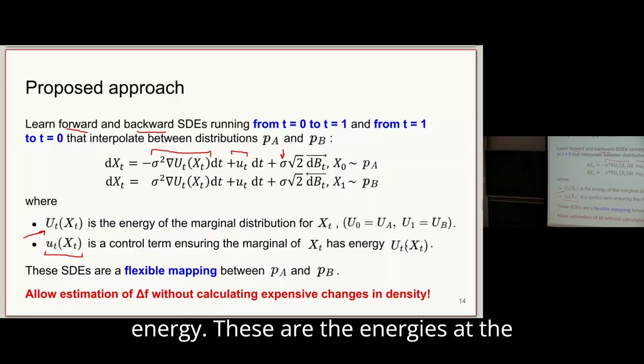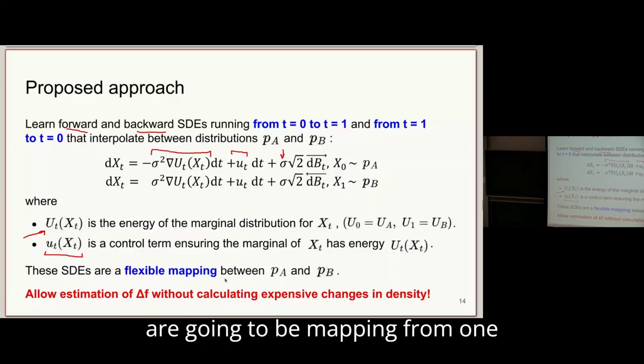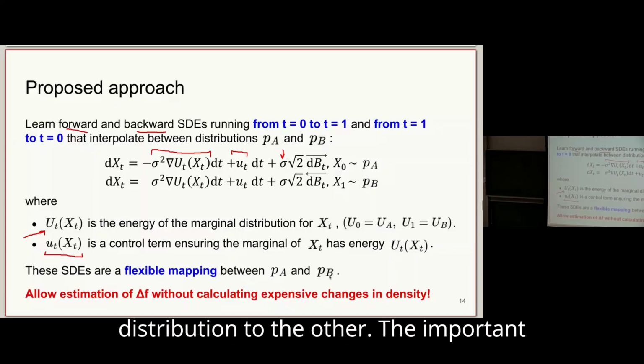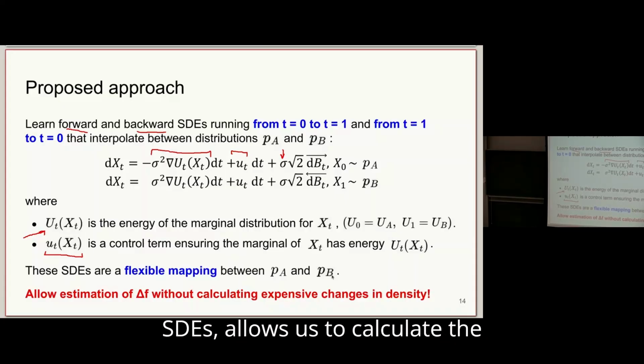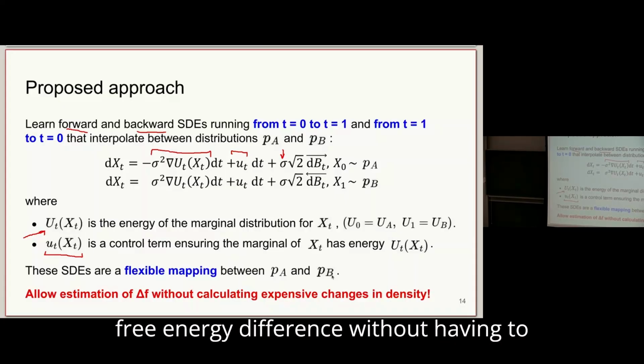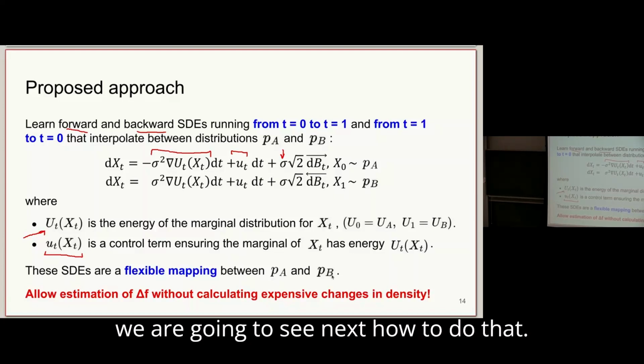Okay, these are the energies at the different time values, and now these SDEs are going to be mapping from one distribution to the other. Okay, the important thing is that this framework based on SDEs allows us to calculate the free energy difference without having to use this integral of the divergence, and we are going to see next how to do that.